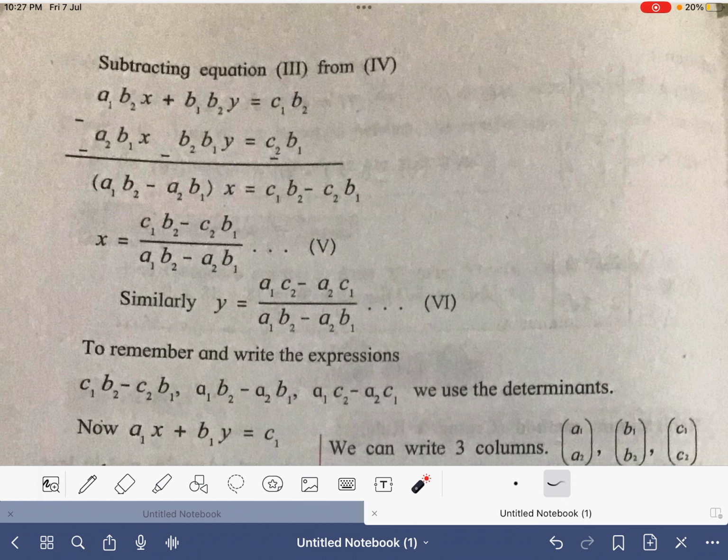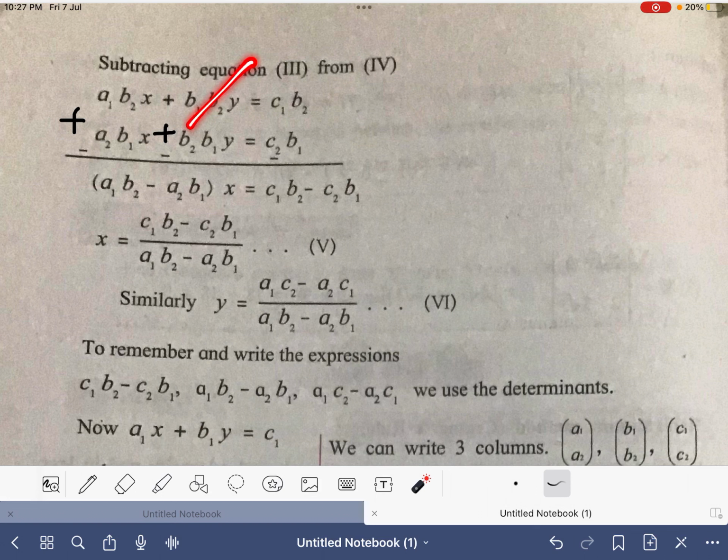Sorry, here is a printing mistake, so let's assume this is plus, and here also it will be plus. Now what will happen? Because of the minus, this becomes negative, this becomes negative, and this also becomes negative.